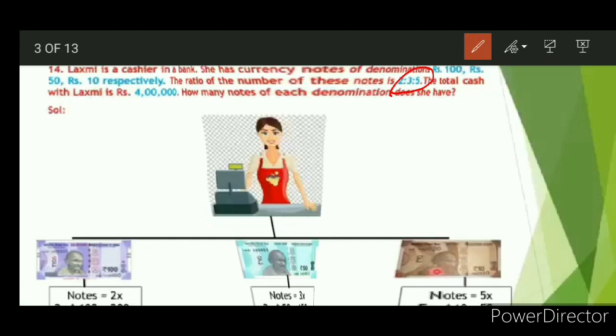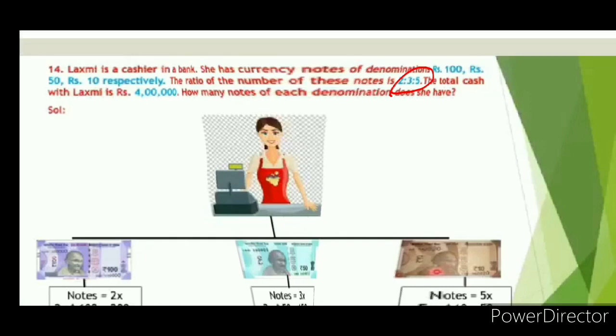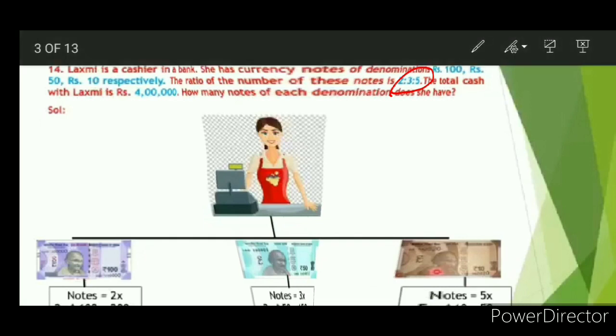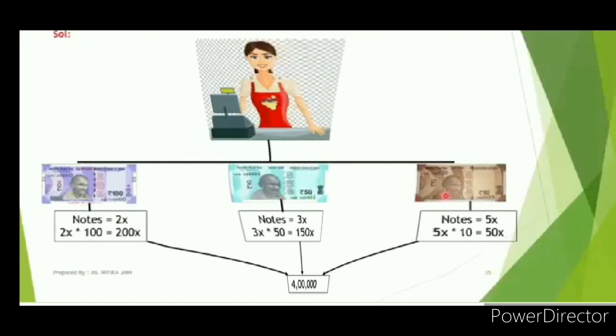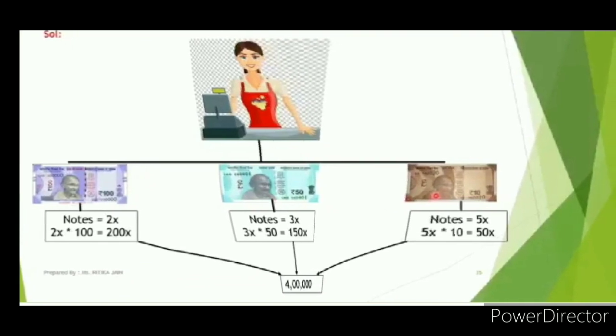Understand? Now the question is, how many notes of each denomination does she have? How many 100 rupee notes, how many 50 rupee notes, how many 10 rupee notes? That is the actual number of notes we have to find.